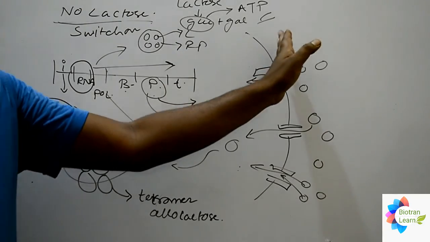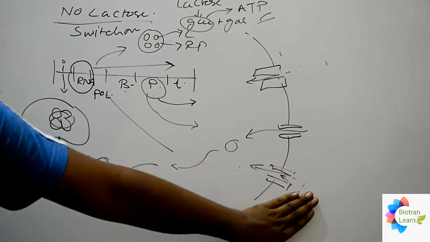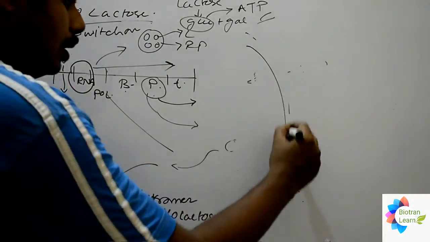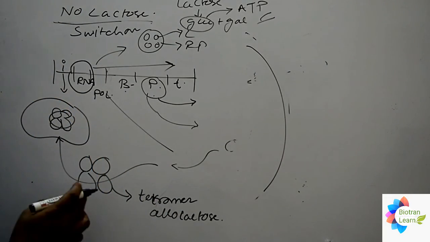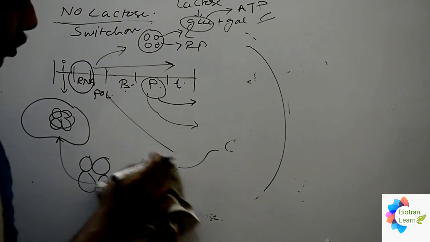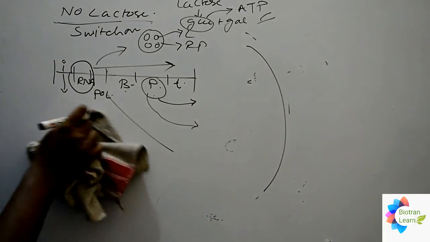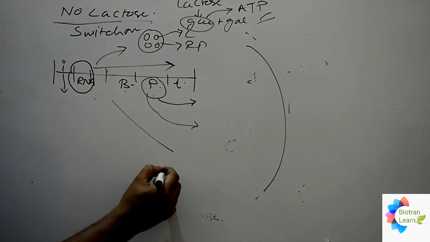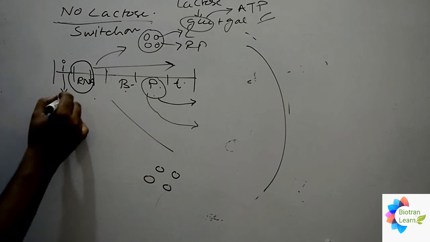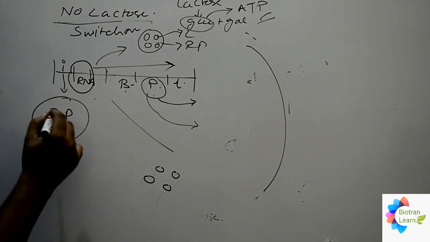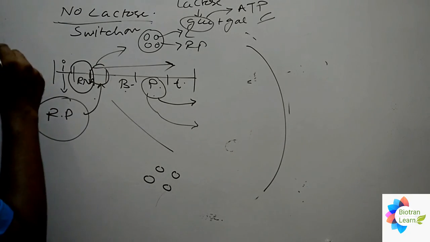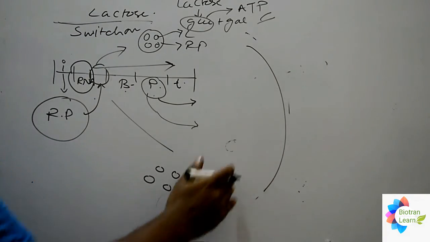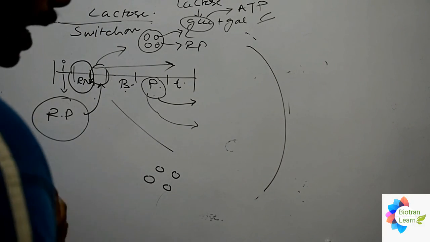The permease will shut off the entry of the lactose molecule, and that lactose molecule will go away, and the repressor protein that was produced earlier will sit here again. Okay, in presence of lactose, these things happen. So that was all from our lac operon system.